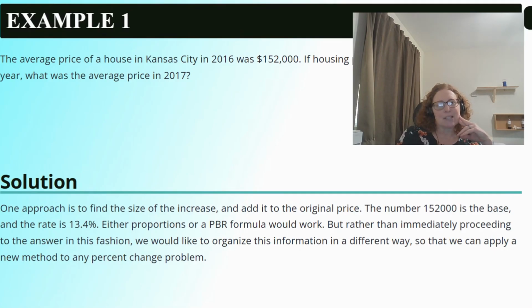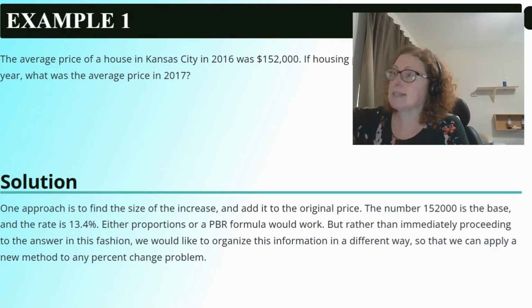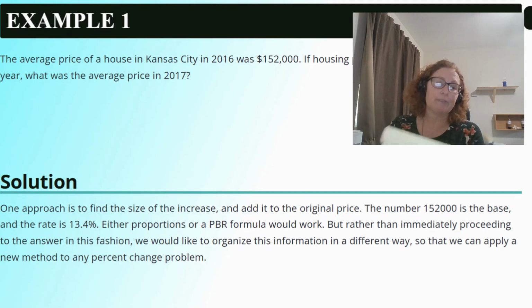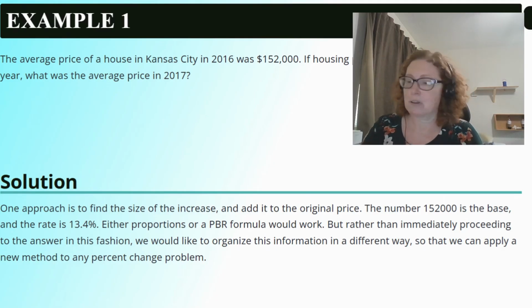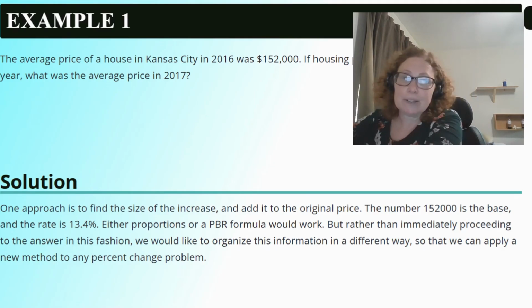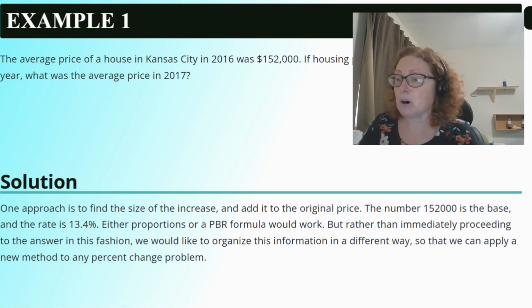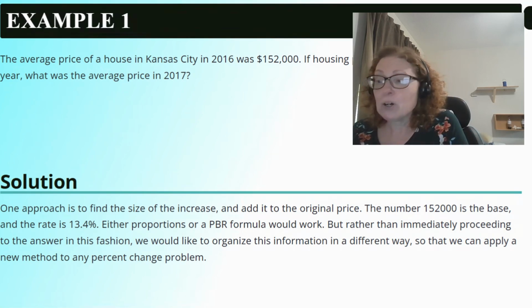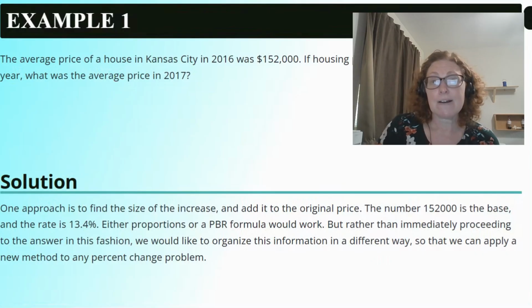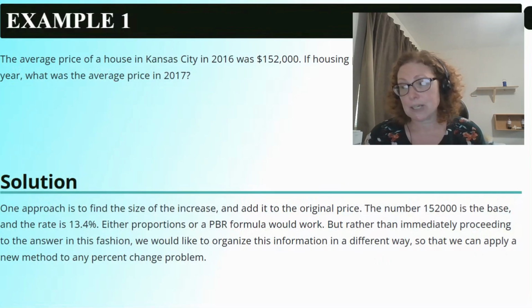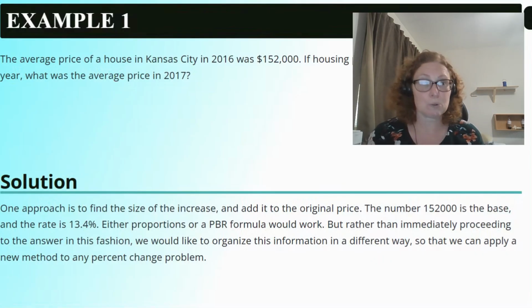If the housing prices increased 13.4% over the next year, what was the average price in 2017? So remember that the percent change is the part added or subtracted from the base to produce the new total.